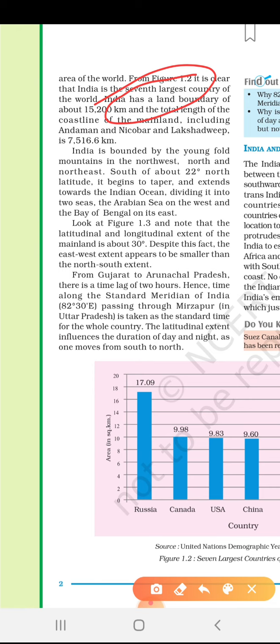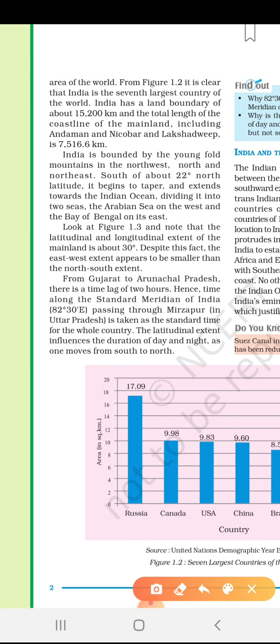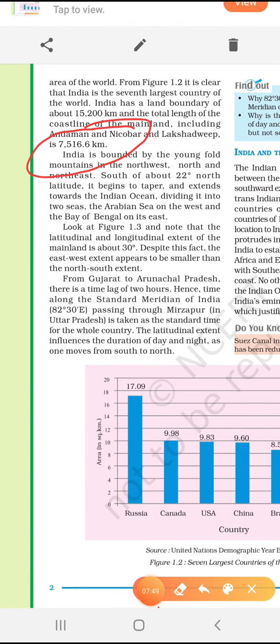India has a land boundary of about 15,200 kilometers, and the total length of the coastline of the mainland including Andaman, Nicobar and Lakshadweep is 7,516.6 kilometers. So you should remember this point.